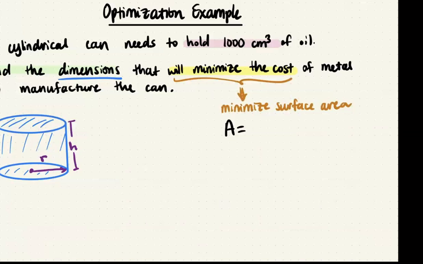The area of the top or the bottom of the cylinder is the area of a circle. Maybe I'll do this in pink here. This is a circle. I know I drew it like a little oval, but that's because I'm looking at it from the side. So this pink part is a circle and circles have area pi r squared.